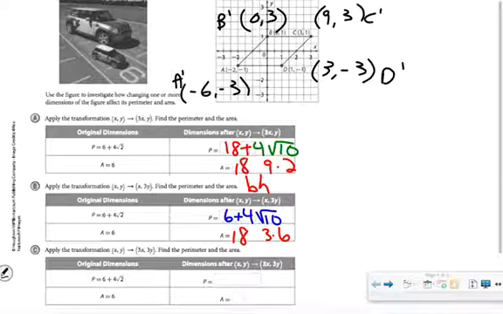Area, again, is easier. Let's sketch out what this would look like again. Negative 6, negative 3, 3, negative 3, 9, 3, and 0, 3.